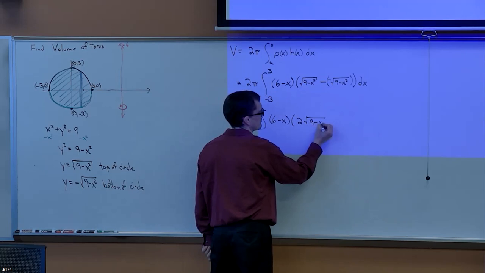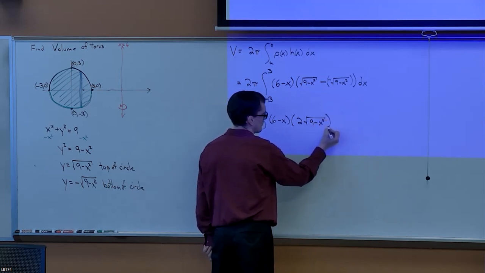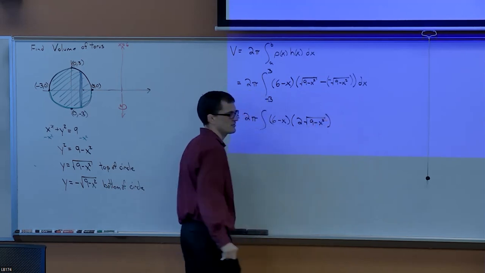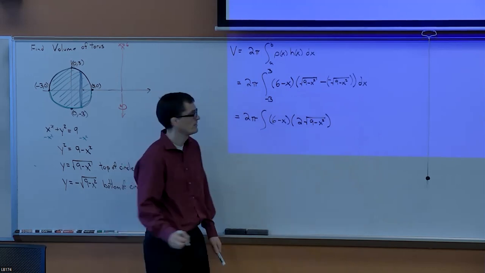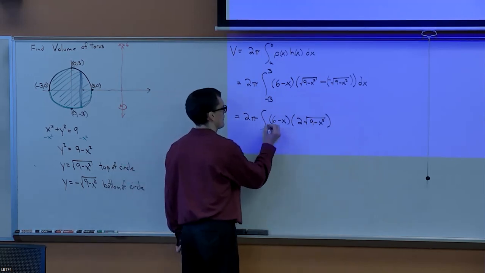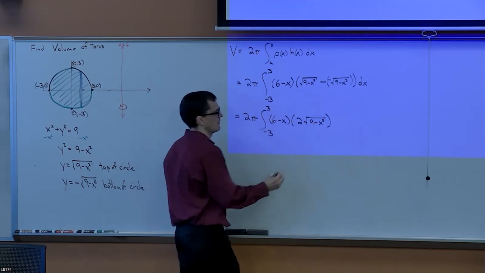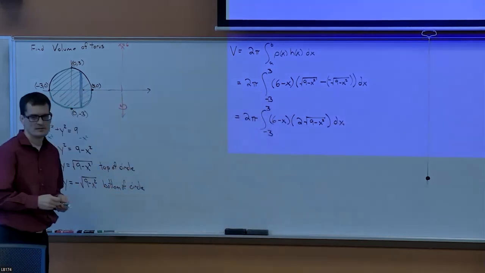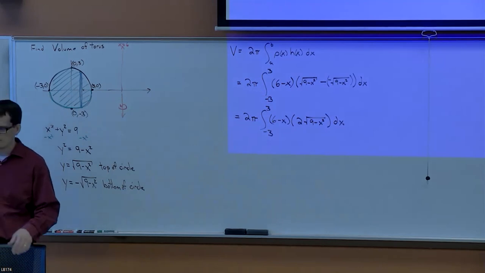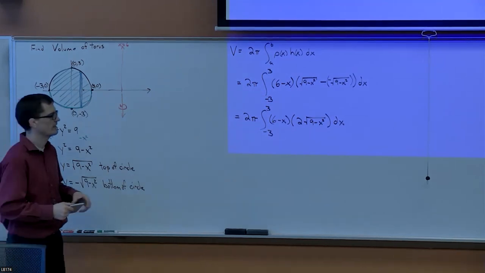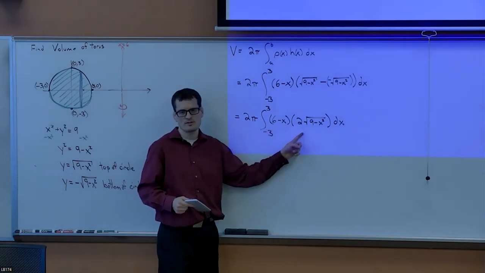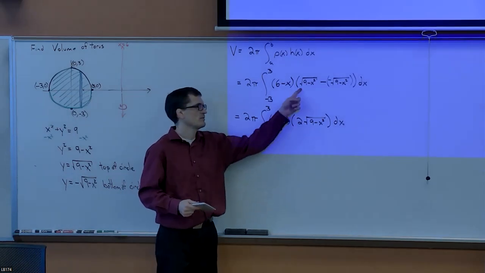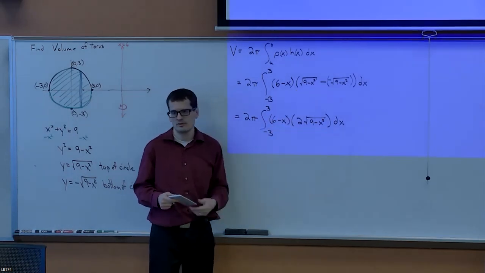So square root of 9 minus x squared plus another is 2 times the square root of 9 minus x squared. So sometimes people, when they write it in their calculator, prefer to write it this way with a coefficient of 2 rather than doing a double square root.